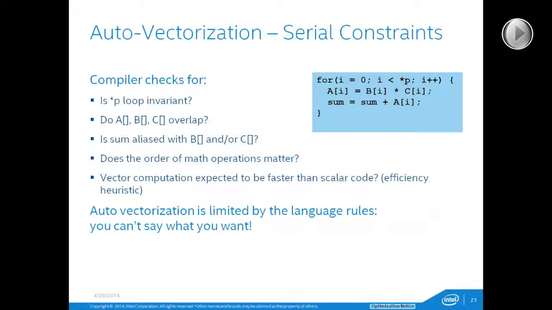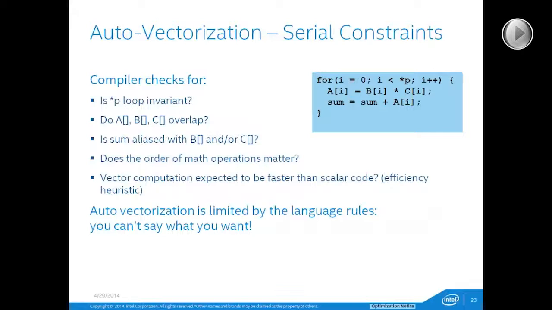Third thing is, since there's a reduction happening there, will there be an accuracy problem if I change the order of computation? Well, that depends on the application. Some applications can handle that. Some applications are very picky about their accuracy.